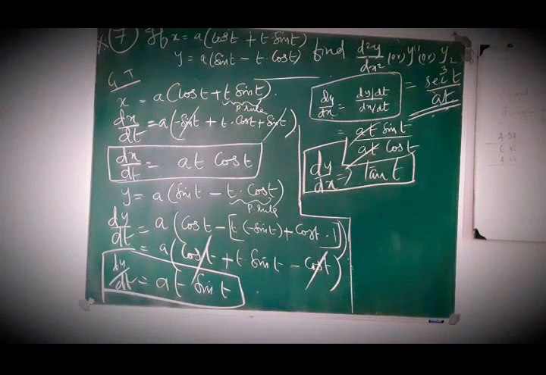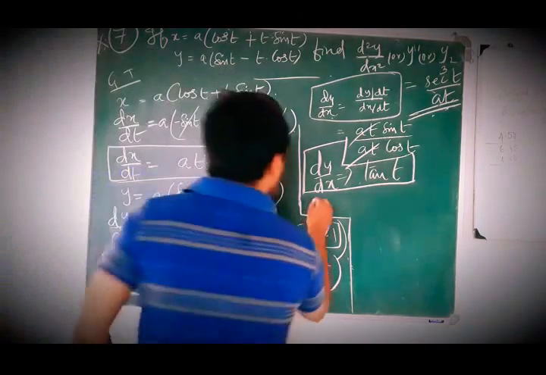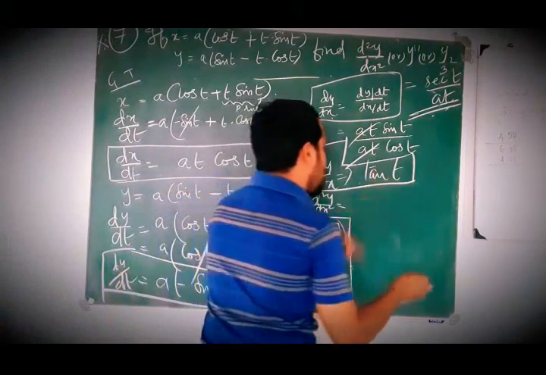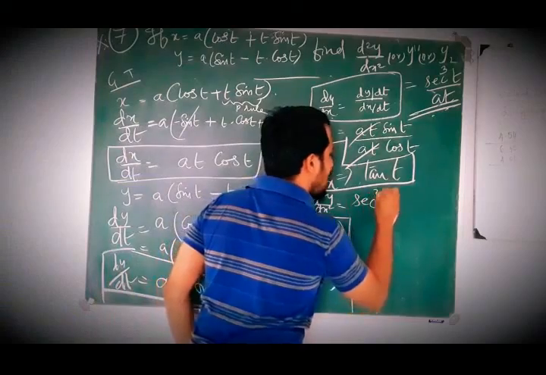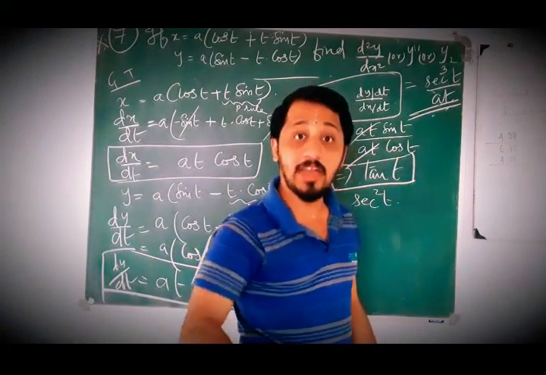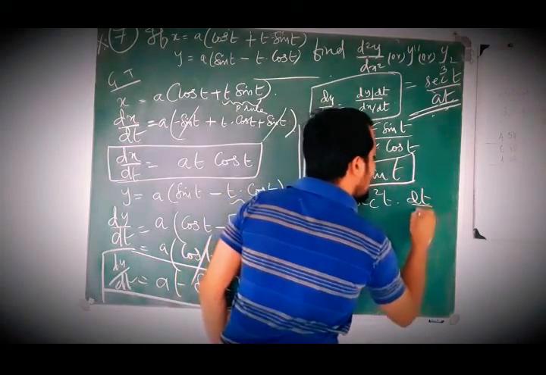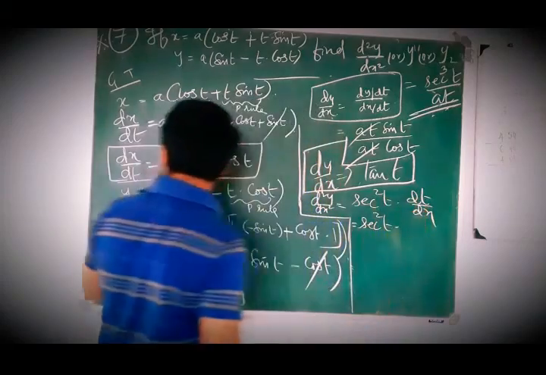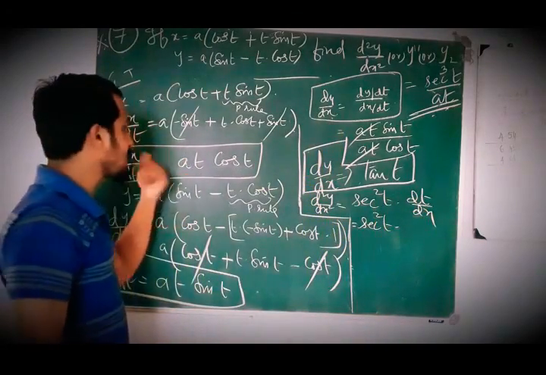We have to find d square y by dx square. That means again I have to differentiate that tan t with respect to x, the same way. So d square y by dx square is equal to derivative of tan t, which is secant square t, into derivative of t with respect to x, that is dt by dx. So secant square t into what is dt by dx? Reciprocal of dx by dt.